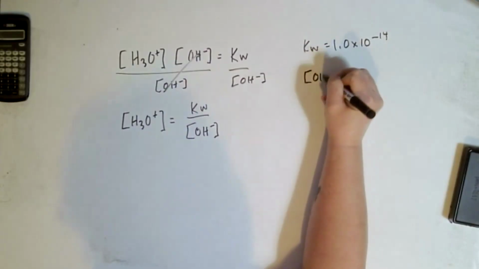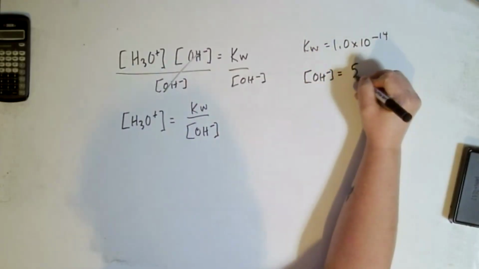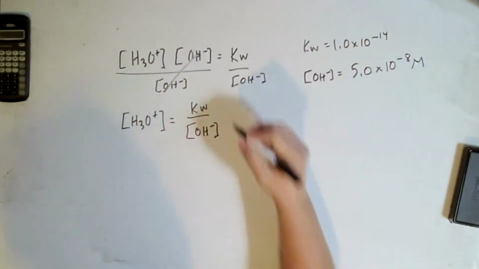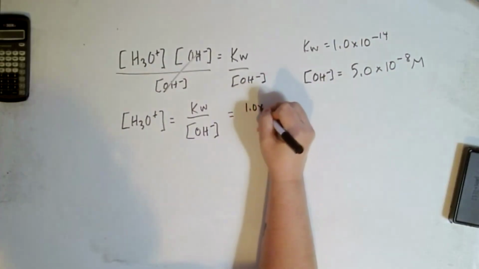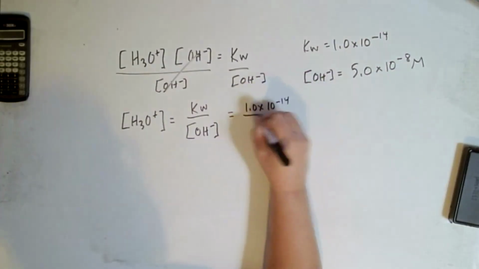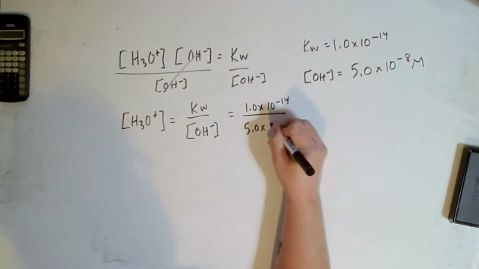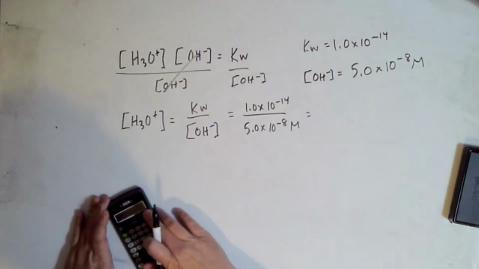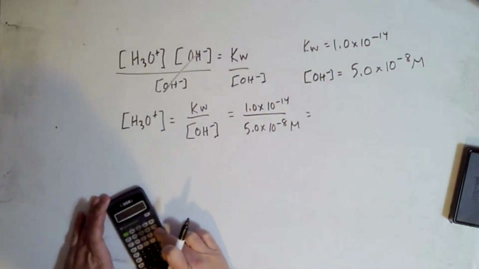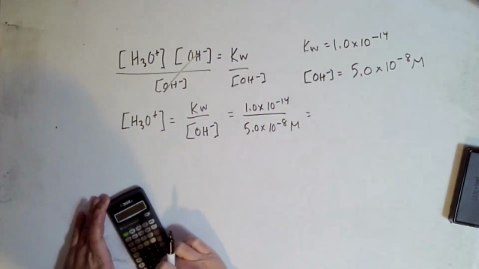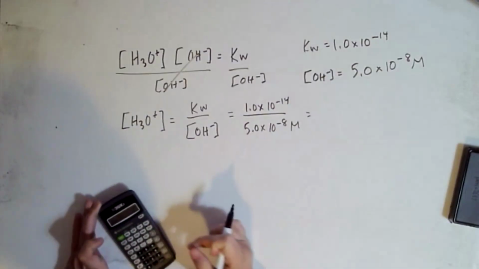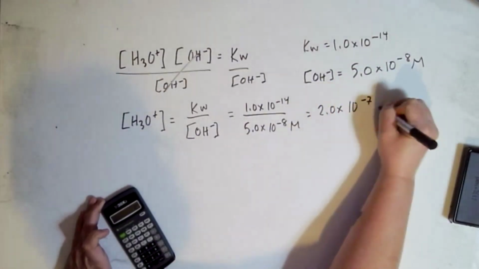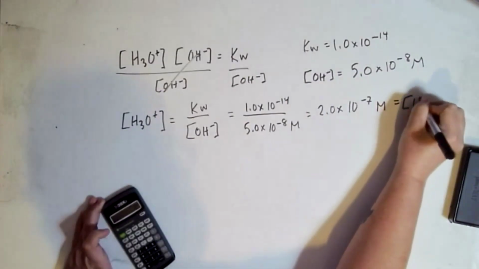And we know in this case that our OH minus concentration is 5.0 times 10 to the negative 8 molar. So that's what we're going to plug in over here. Okay. And we're going to get 2 times 10 to the negative 7 molar as our H3O plus concentration.